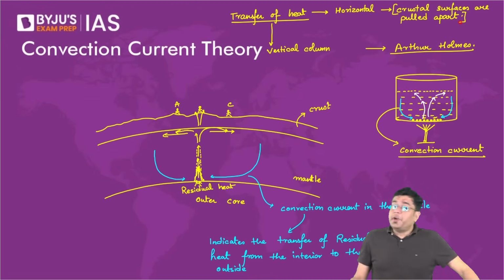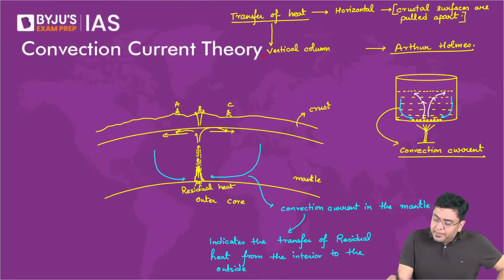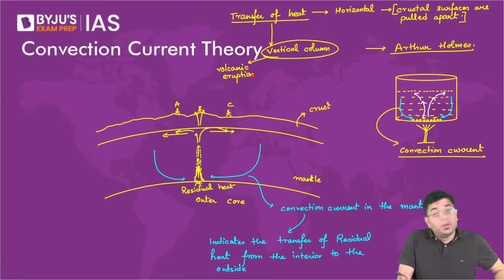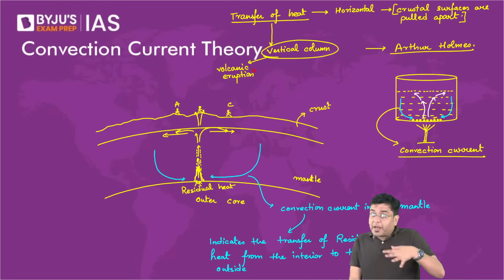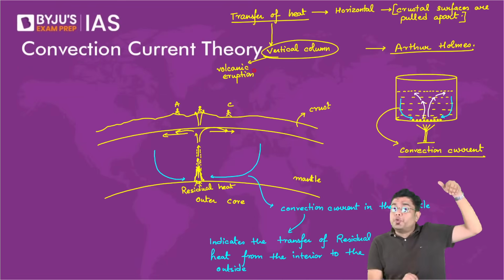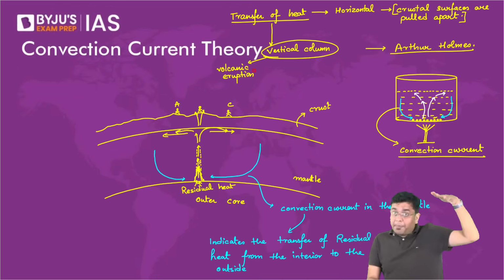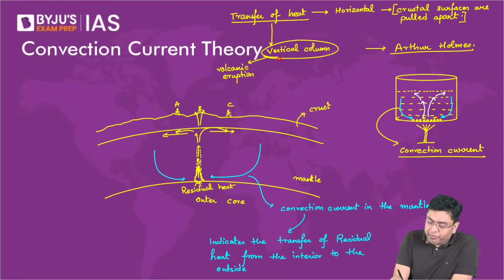And in the case of the vertical column, here, what can we have? We can have a volcanic eruption, right? If the crust is weak. If the crust is strong enough, it can be pushed up, it can get uplifted, upliftment of land, right?